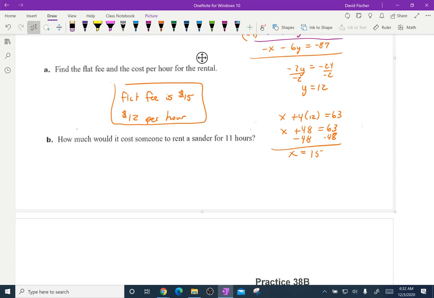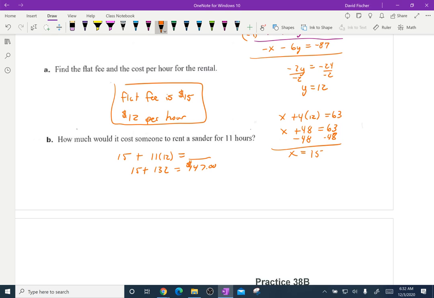Now they want us to do a problem. Someone rented the sander for 11 hours. Well, we're going to pay the flat fee of $15. They charge $12 per hour, and they rented it for 11 hours. I want to know the cost. 11 hours, $12 an hour. That's 132 plus my 15, and I get $147.